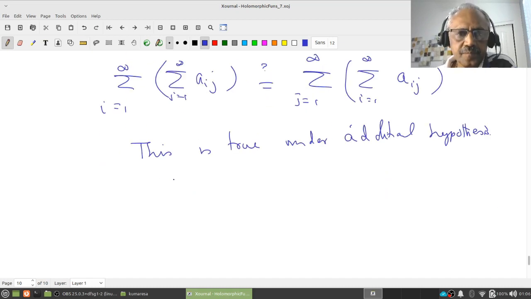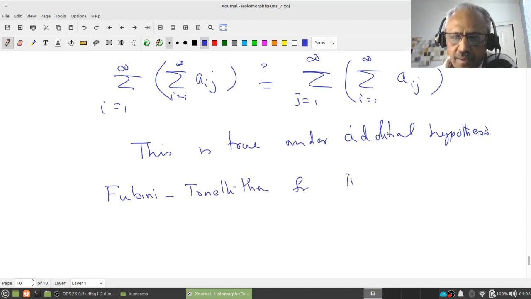Okay, right? So this is a version of the Fubini-Tonelli theorem for N with counting measure.